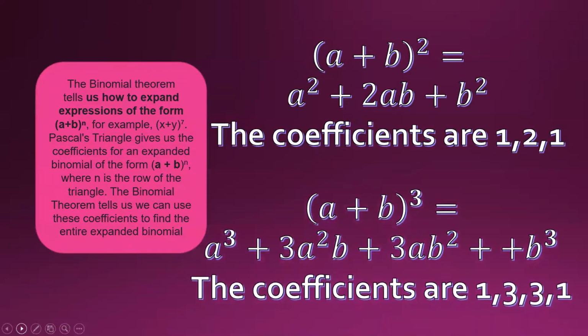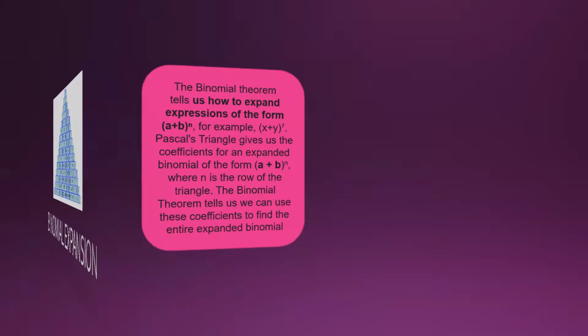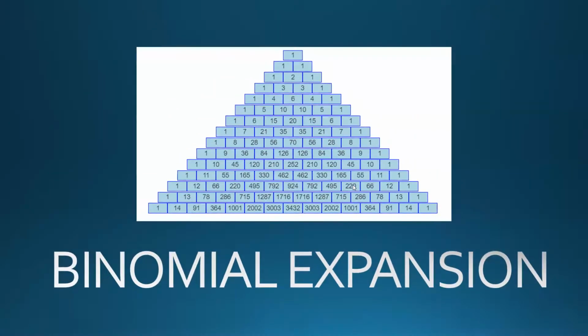In a similar manner, if we take a plus b the whole cube, we will get a cube plus 3a square b plus 3ab square plus b cube, where the coefficients are 1, 3, 3, and 1, which comes in the fourth row of the Pascal's triangle. Until now, we have been referring to 1, 2, 3, and so on for the rows of the Pascal's triangle.